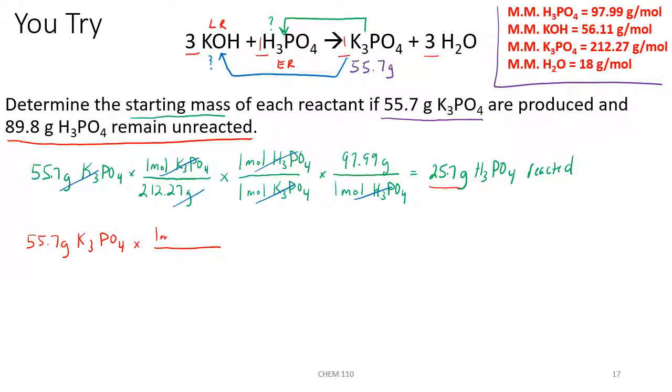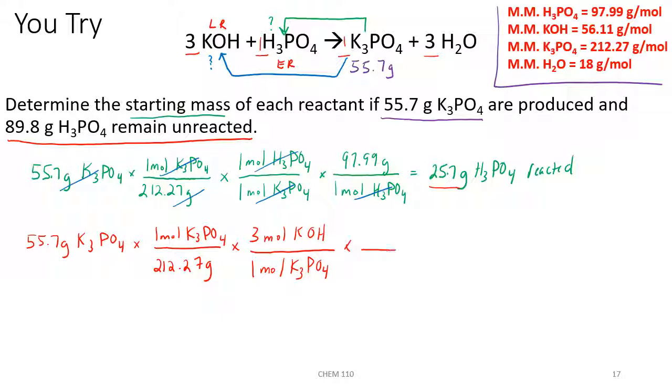Using the molar mass of 212.27 grams to convert into moles of K3PO4. Now looking at our balanced equation, every 1 mole of potassium phosphate that's formed came from 3 moles of potassium hydroxide, according to our equation.